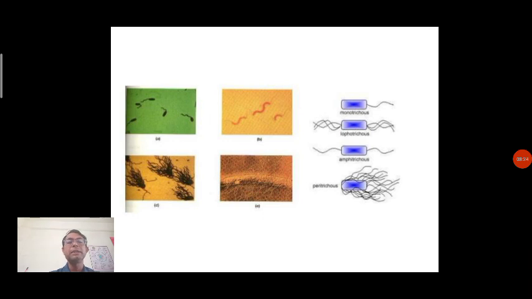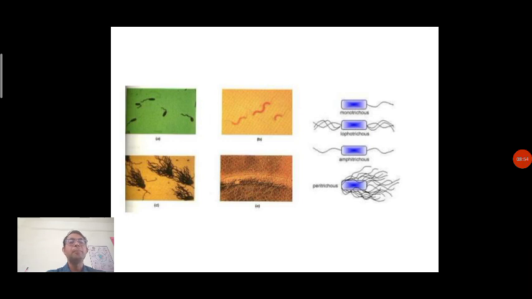Now here you can see, in some bacteria only a single flagellum is observed. In some bacteria two flagella are observed. In some bacteria, two flagella are observed on both sides, and in some bacteria five or more than ten flagella are present, covering the whole body of that bacterium.